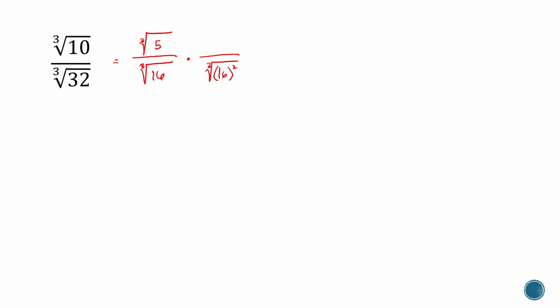All right? Also, we will multiply the denominator by that. The result is the cube root of 16 raised to 3. In the numerator, we have 5 times 16 times 16 squared. Now, going back to the denominator, that's just equal to 16.